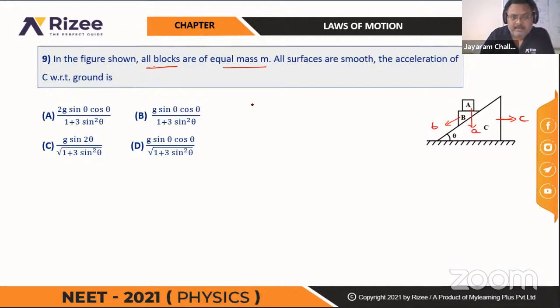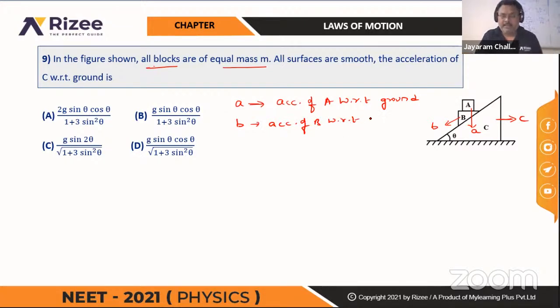So what is A? Let me define these things. A is the acceleration of block A, that too with respect to ground. B is also an acceleration only, the acceleration of B with respect to the inclined plane.